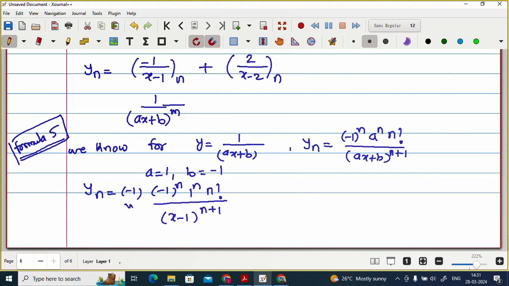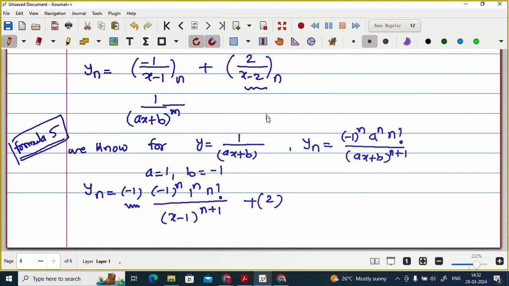Okay. This was the original minus 1 which we have taken outside, and the formula we applied for the 1 upon x minus 1 with a as 1 and b as minus 1. Plus, now for this term, again this 2 is a constant in the multiplication, so we can take it outside. Inside there will be 1 upon x minus 2. Compare that 1 upon x minus 2 with 1 upon ax plus b.